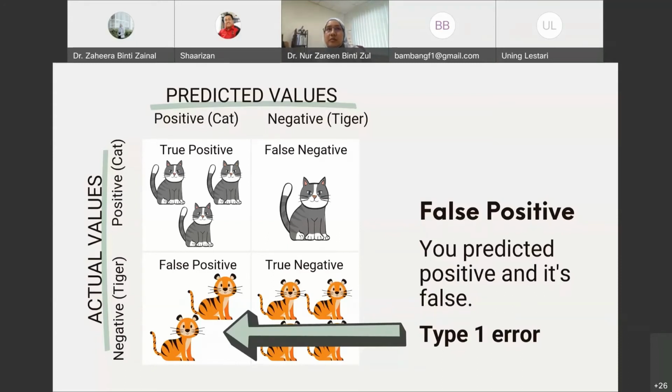Like the diabetes example just now, false positive is when you tell a person that, hey, you have diabetes. So the person would be worried. Of course, there are some implications to that person, but that person would go on and visit more doctors, try to get some medications or whatever.